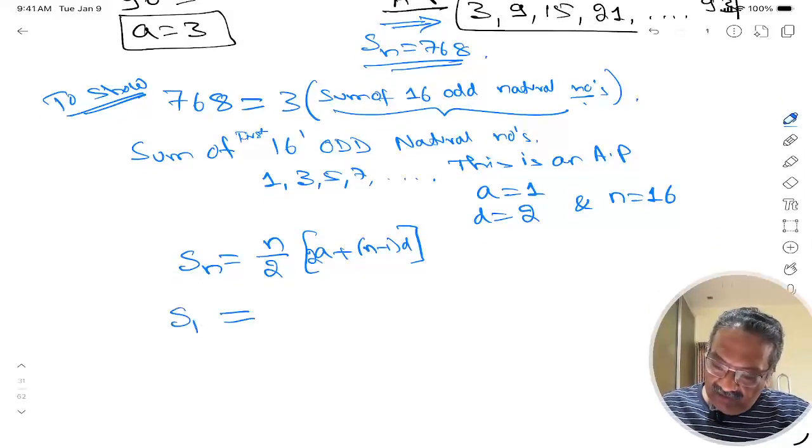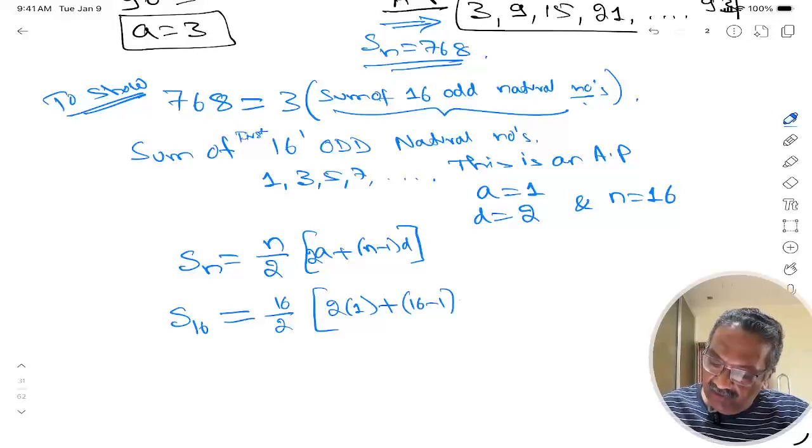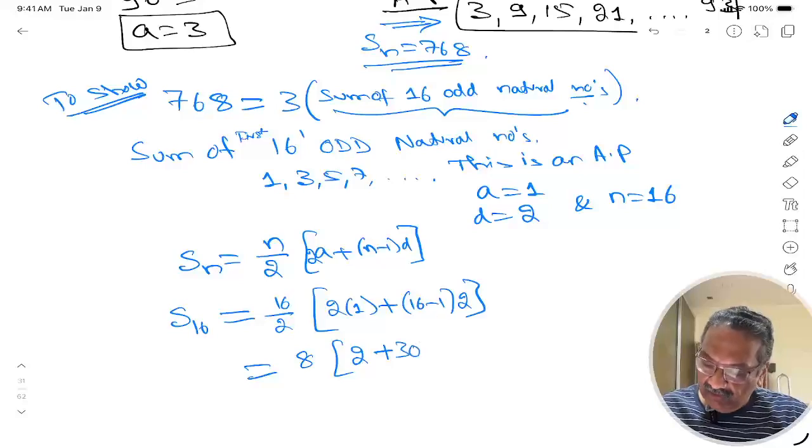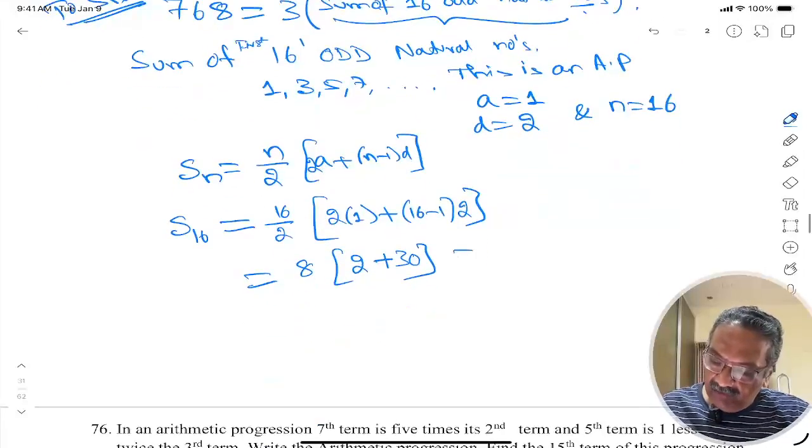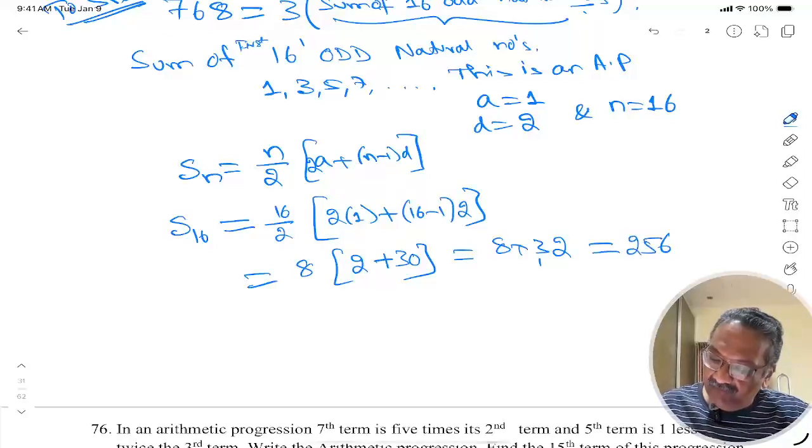So S16 is equal to 16 by 2 into 2 into 1 plus 16 minus 1 into 2. So 8 into 2 plus 15 twos, 15 2s are 30. So this is equal to 8 into 32. 8 6s are 48, 8 3s are 24, 256.